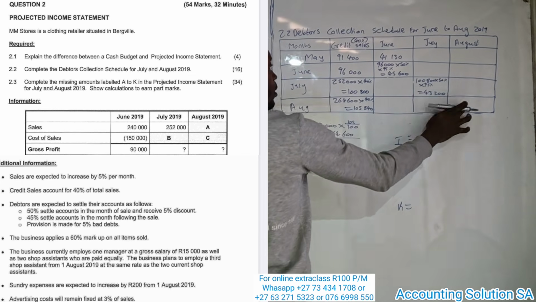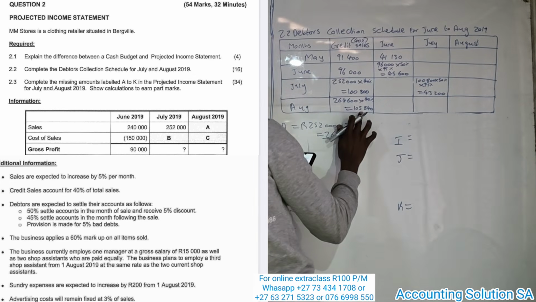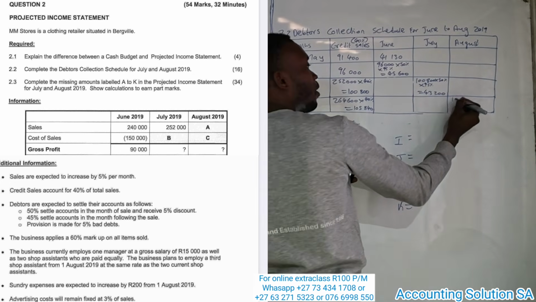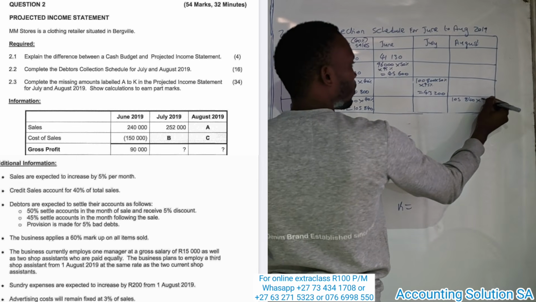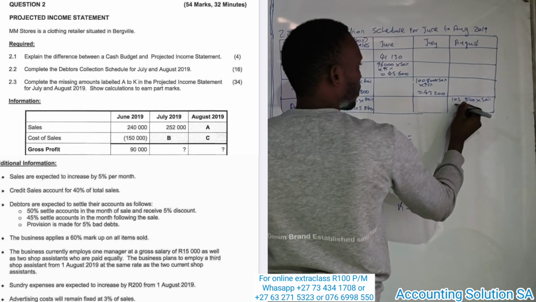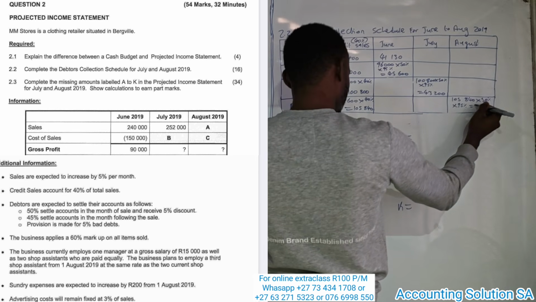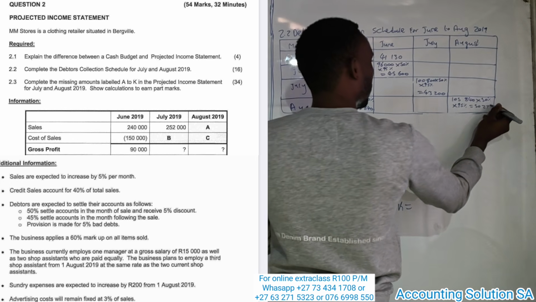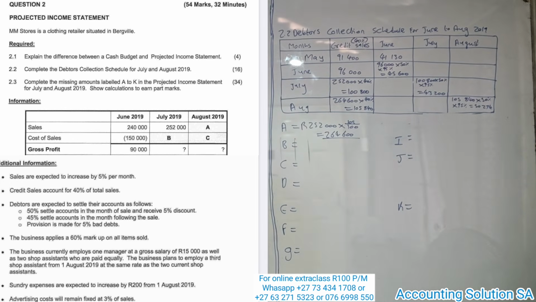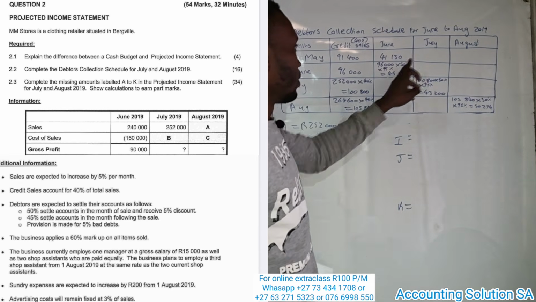Another same month is August and August. It's going to be credit sales of 105,840 multiplied by 50% multiplied by 95 over 100, which is going to give us 50,274. Very simple, guys. For the same month of the first percentage, you just match the months.